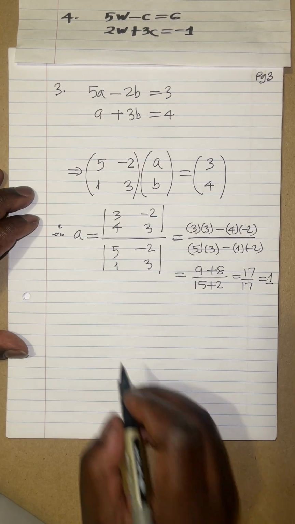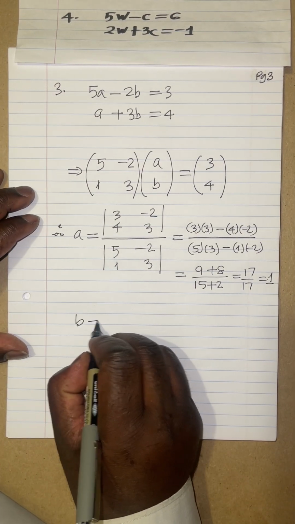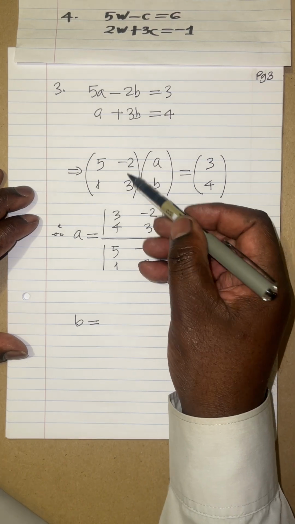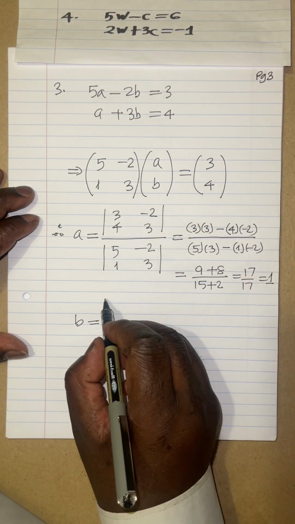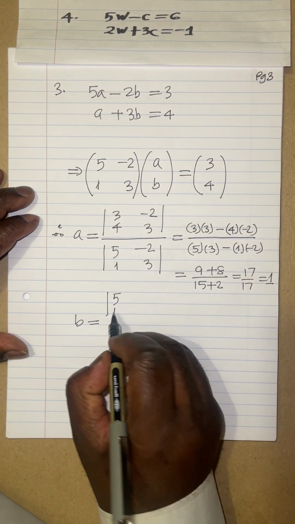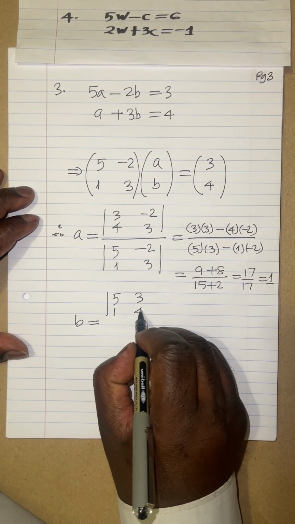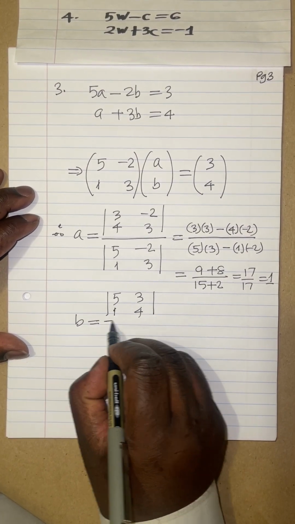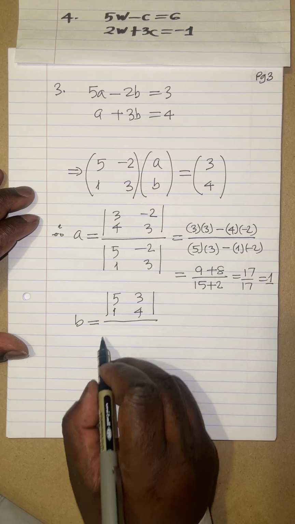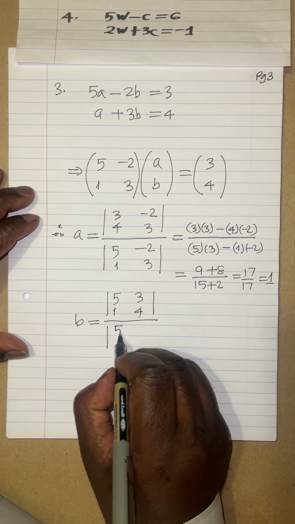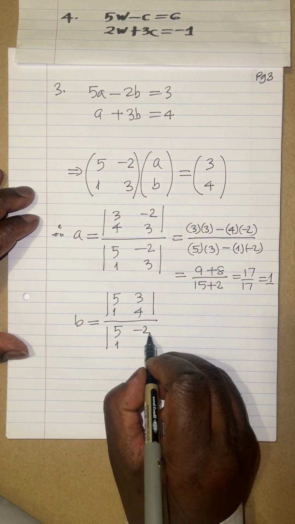Let's work out the value of b. We do the same. b is going to be equal to, remember now, it's the coefficient of b that must go. So we're going to have 5, 1, and then we have 3, 4, like that, divided by the determinant of the coefficient matrix, 5, 1, minus 2, 3.